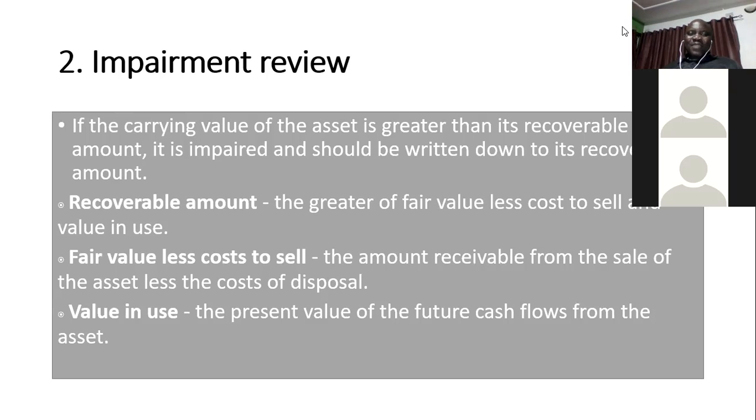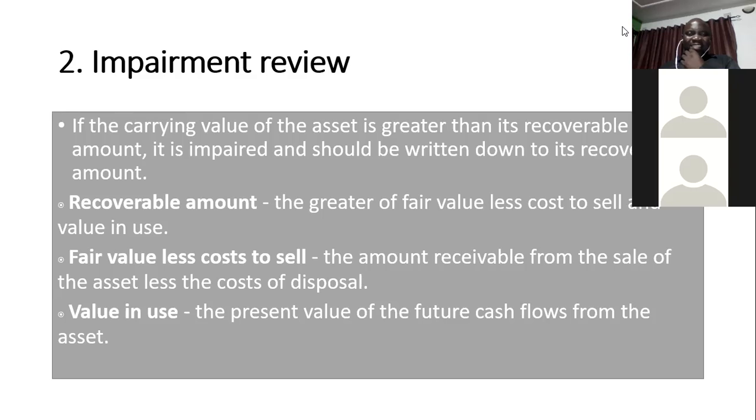We did actually look at what this recoverable amount is the last time we met. It is the greater of the two: the fair value less cost to sell and the value in use. So whichever of the two gives you a higher value is the one that you're going to use. On fair value less cost to sell, if we are to sell this particular asset, looking at the market, we'll sell it, for example, at 50 Rand.